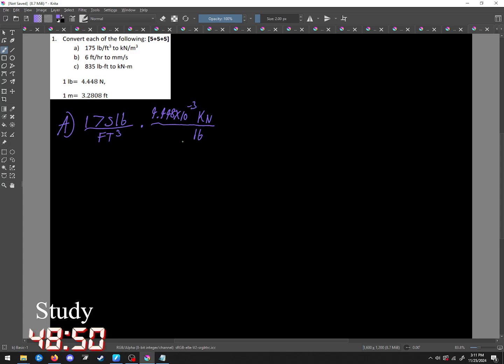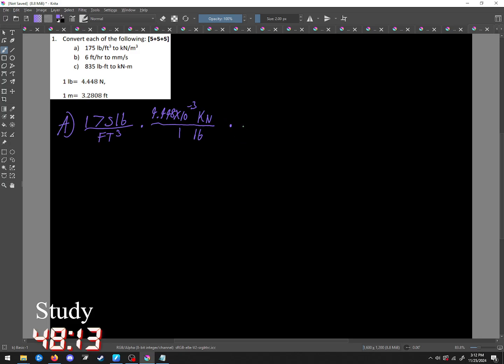Going into the app, science tools, unit converter, SI prefixes from base to kilo is times 10 to the negative third, so that should be right. That is equal to 1 pound. Now we should have it in kilonewtons on top.